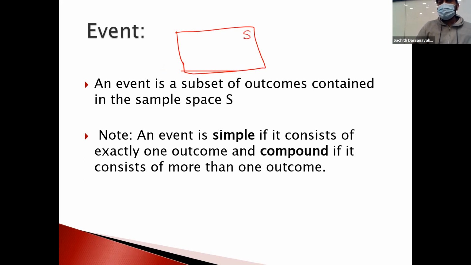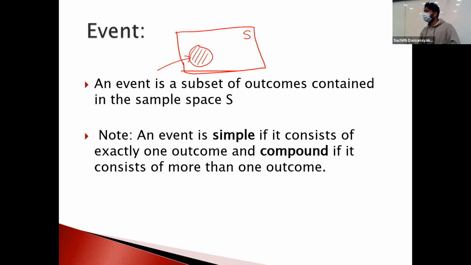This is my sample space, and I'm getting this portion from the sample space, and I call this an event. It's a subset of the sample space, which means I'm considering heads only. It's a subset of head and tail, the first example. You will see more examples in later slides.